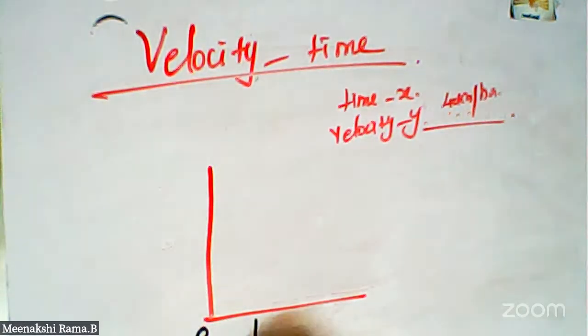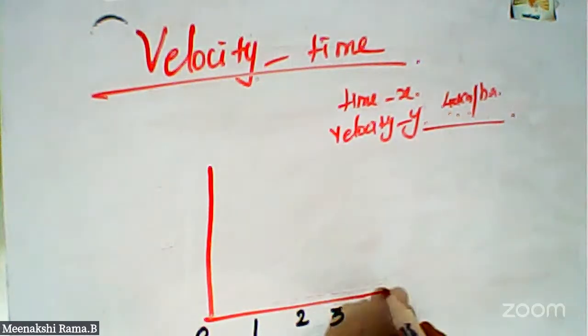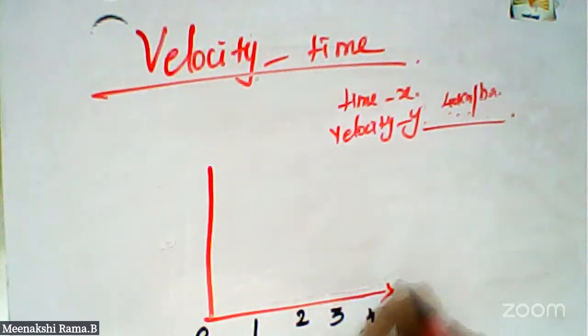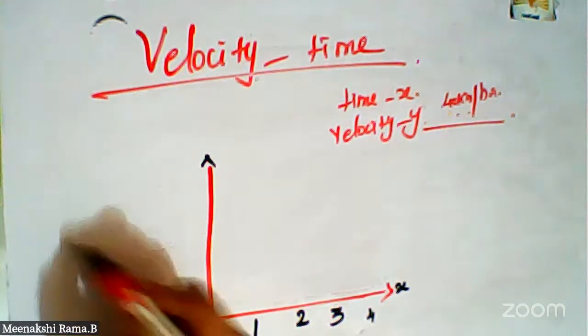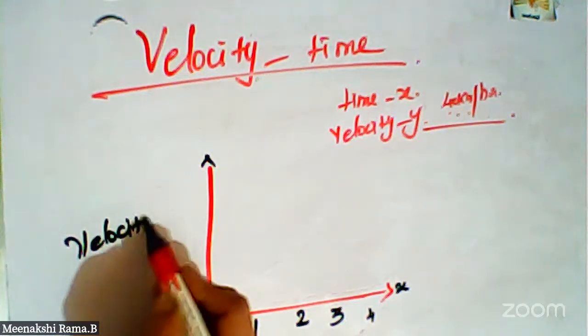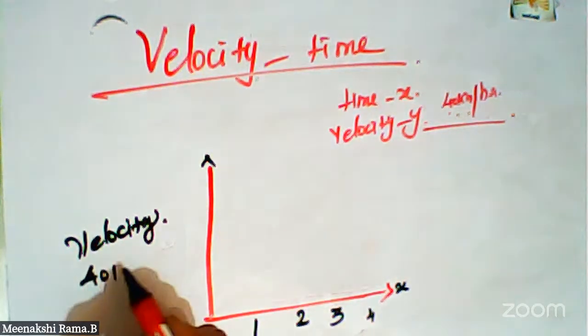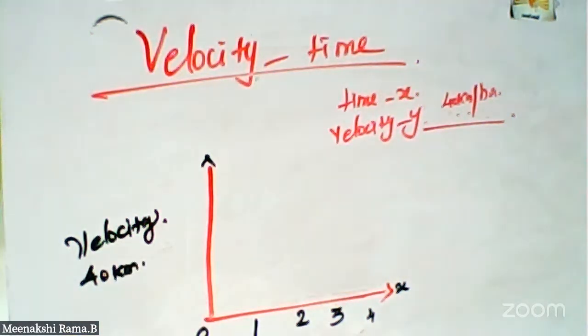0 hours, and then 1, 2, 3 and 4 hours. Next, on the y-axis, we want to write the velocity. Velocity is 40 kilometers per hour. Okay, so this is time in hours. In the first hour, he crossed 40 kilometers.